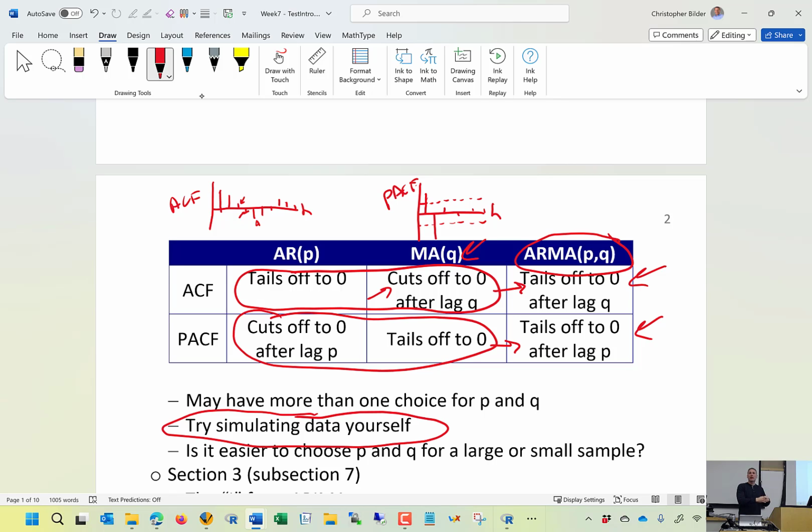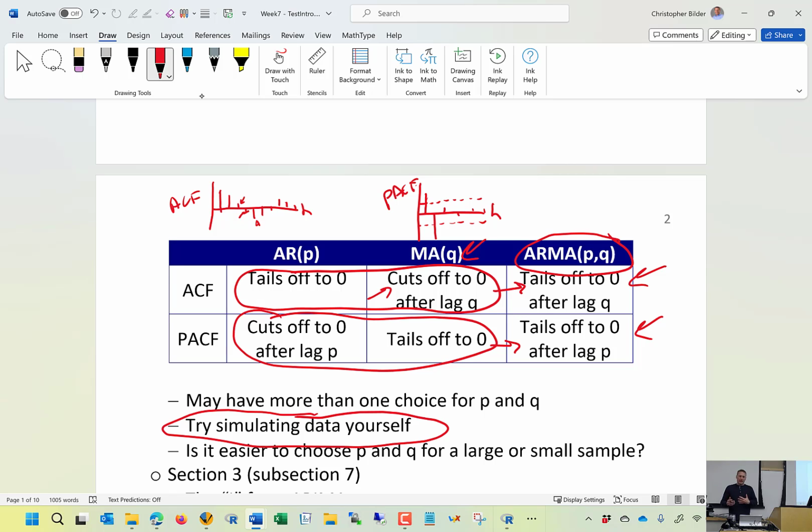Let's simulate multiple time series, look at the estimated ACF and PACF, and compare them to what the true values should be. That gives you some experience to see that there can at times be questions about what p and q are, but it's also dependent upon what the sample size is.